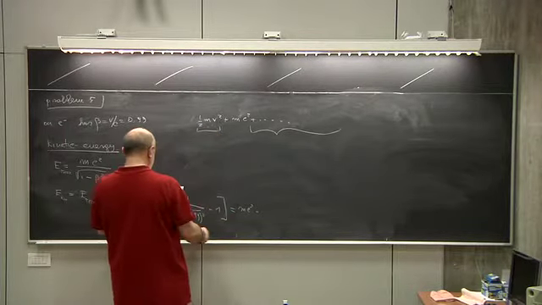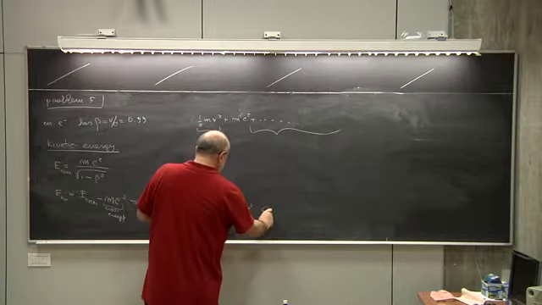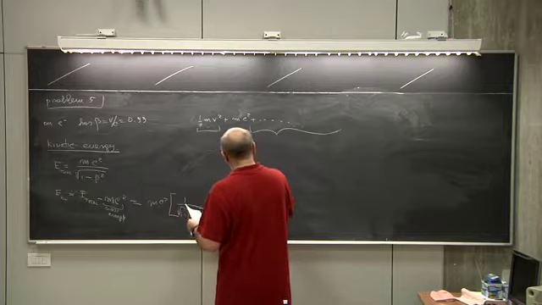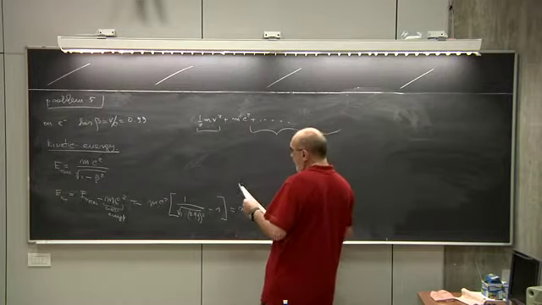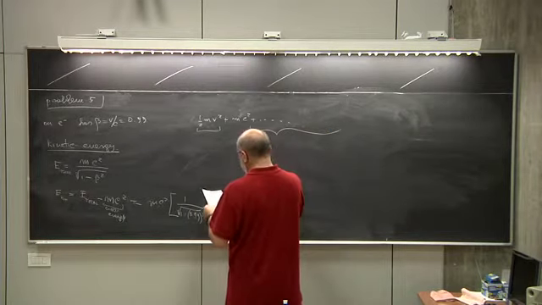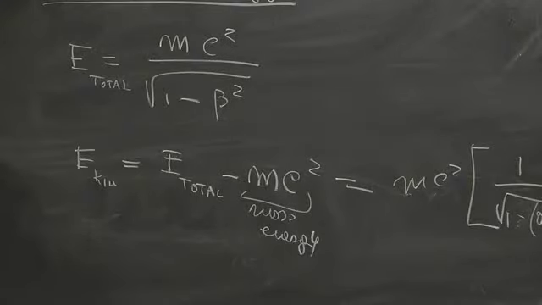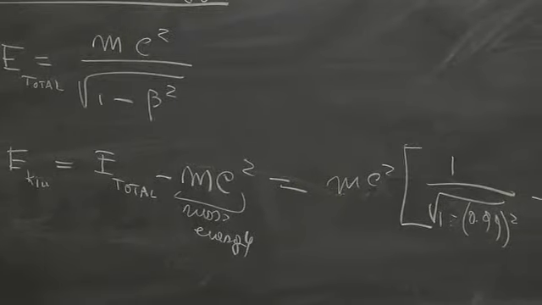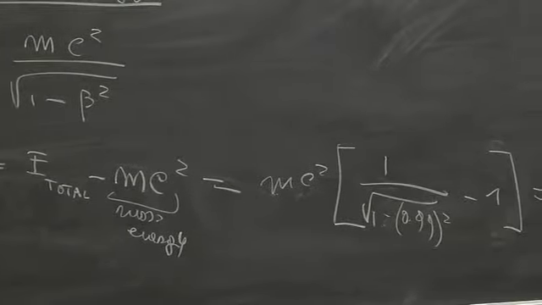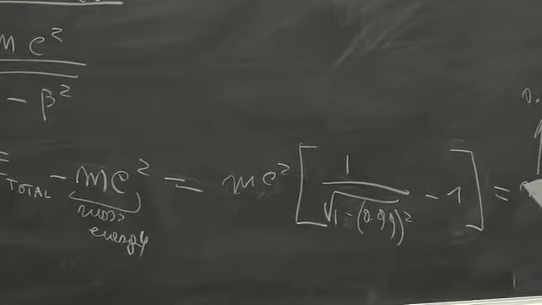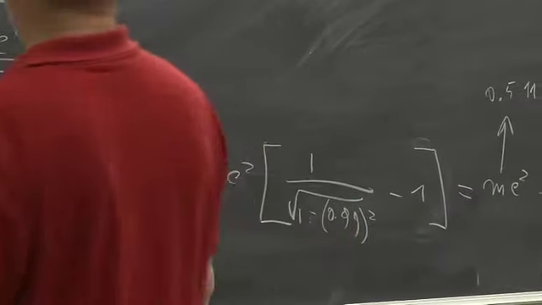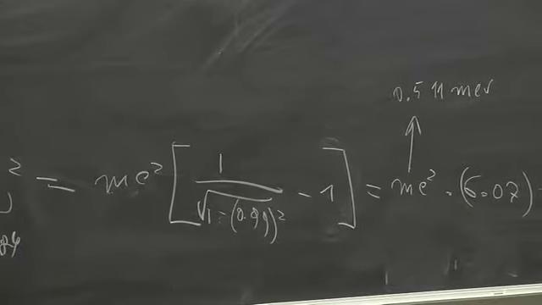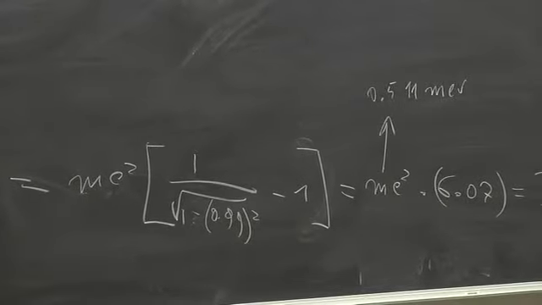Then you get mc squared. You calculate this number with your calculator and you get 6.7. Then the mass of the electron is 0.51 MeV, and then you get 3.10 MeV. Okay, so this is the kinetic energy, and you see at this speed, the kinetic energy is 6 times more than the mass energy of the electron.